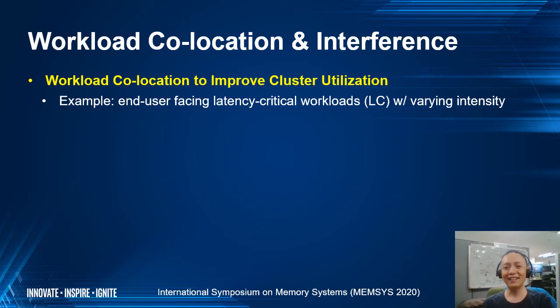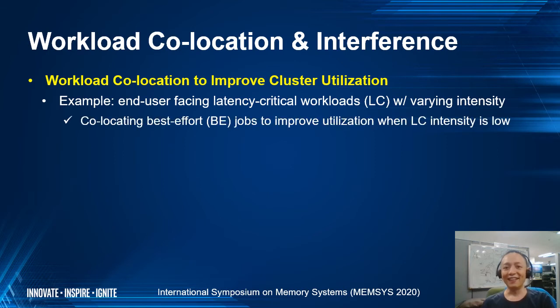Those workloads are latency critical. The workload intensity also varies from time to time. When a latency critical workload is not busy, its intensity is low. We then collocate a best effort job to utilize the spare CPU cycles. The best effort job is less performance sensitive and can be throttled on demand.